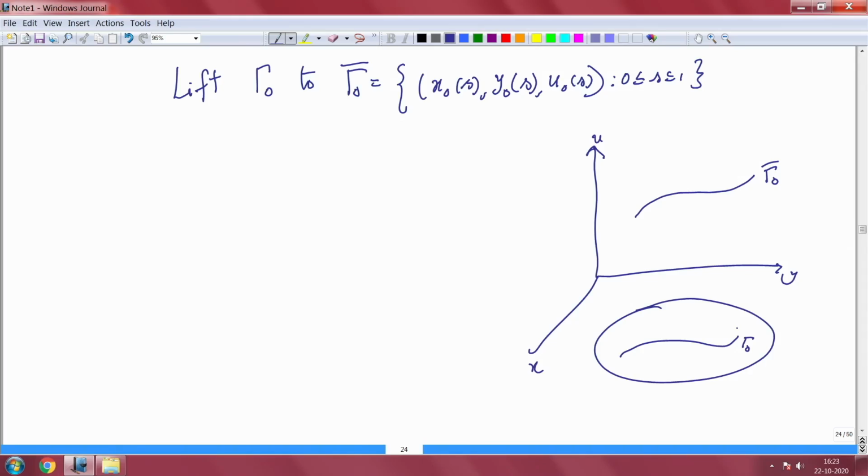Now I know how to find with a space curve as an initial curve. So any point here will be of the form (x naught of s, y naught of s, u naught of s). Along that initial curve, you solve your 3-dimensional equation.